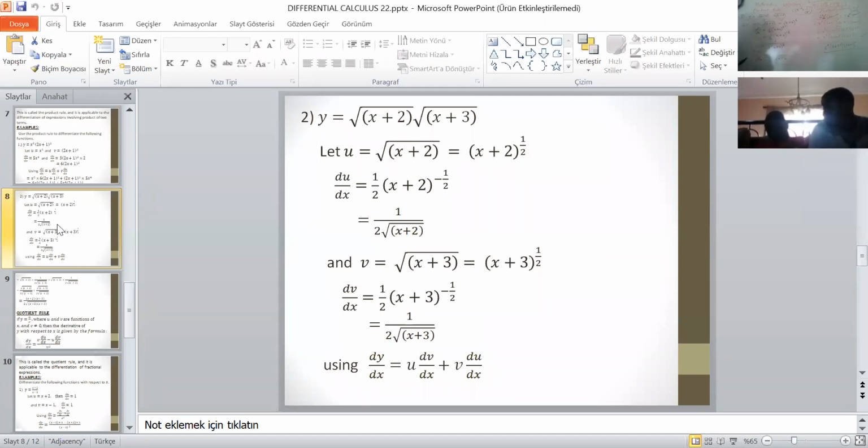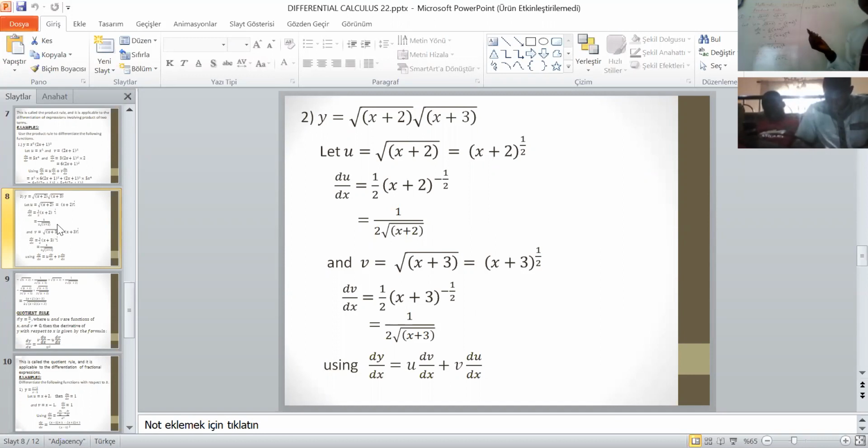So let's keep that. Then, of course, we need dv/dx as well. So the second function of x there becomes v. So v is equal to the square root of x plus 3. The same method I applied in the first one, express it to have a power, so it becomes (x+3) raised to the power of 1 over 2.